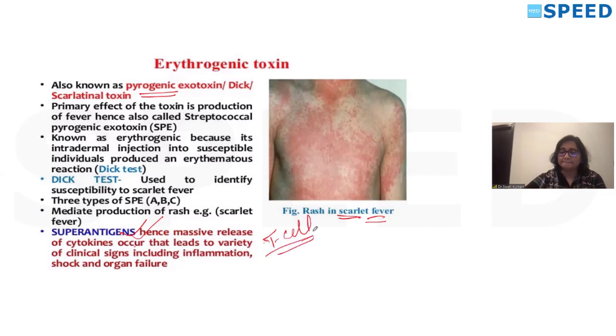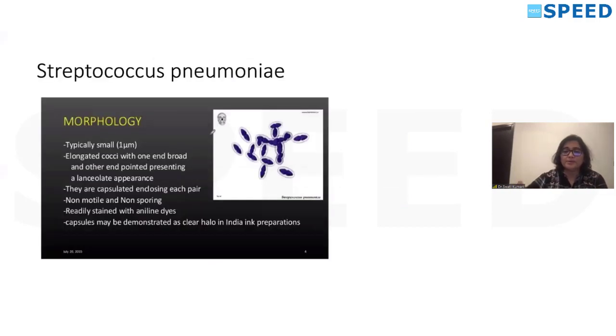Now coming to Streptococcus pneumoniae, as we can see in the picture, they are lanceolate shaped, and they have a capsule. You can see the covering, that is the capsule of Streptococcus pneumoniae. This capsule you can see in India ink, which we have learned earlier. India ink is done for capsule demonstration.